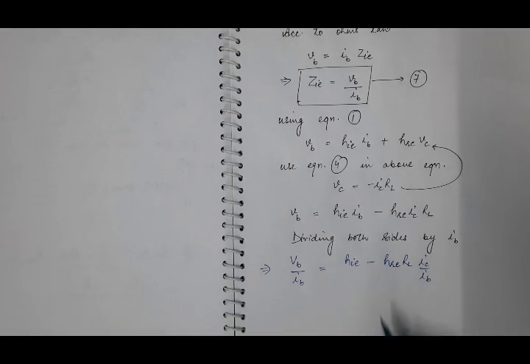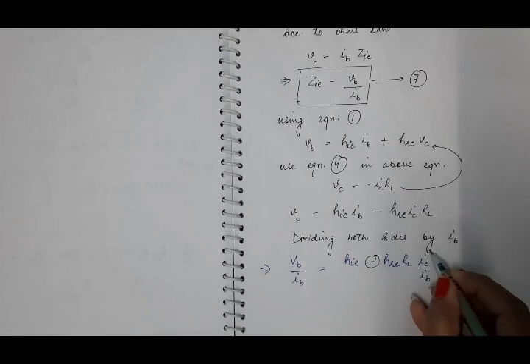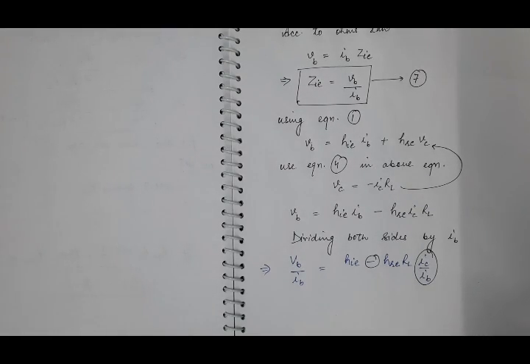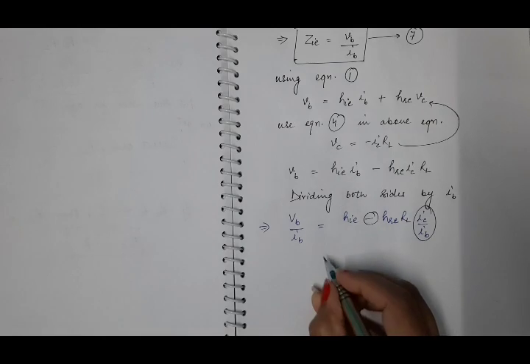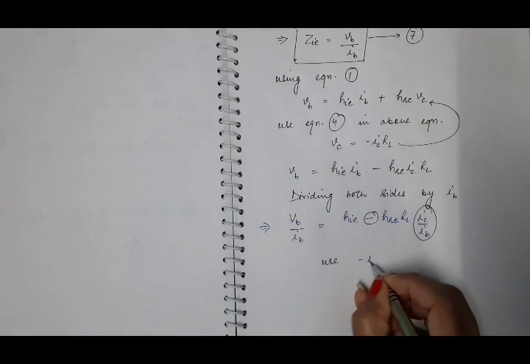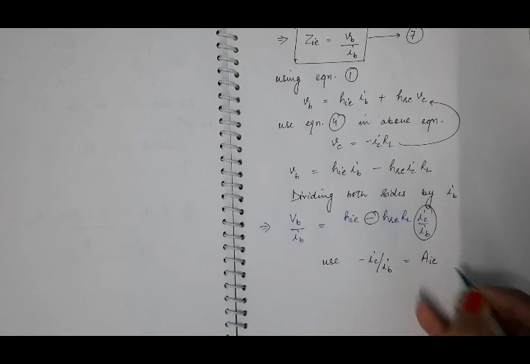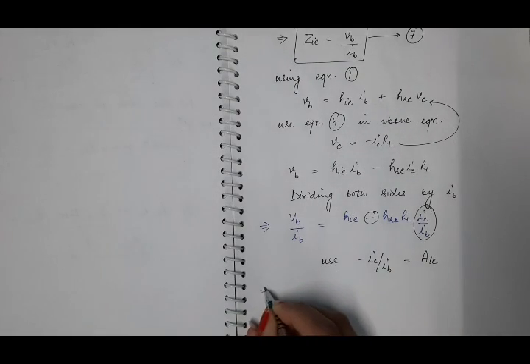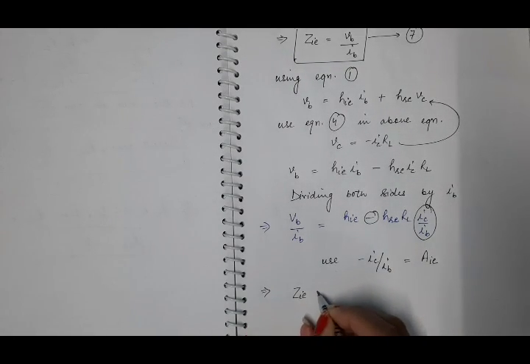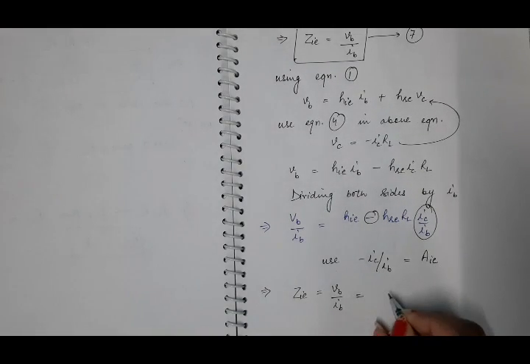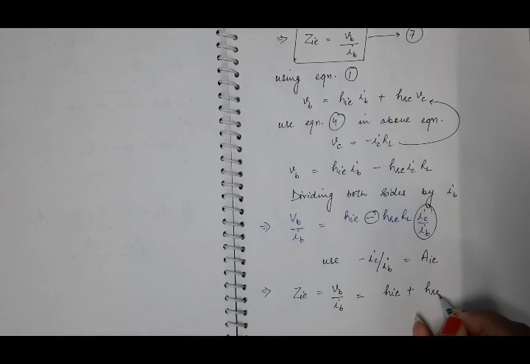And we know that this negative sign and this IC by IB is equal to current gain AIE. So using minus IC by IB equal to AIE, our expression will change: ZIE equal to VB by IB equal to HIE plus HRE RL into AIE.